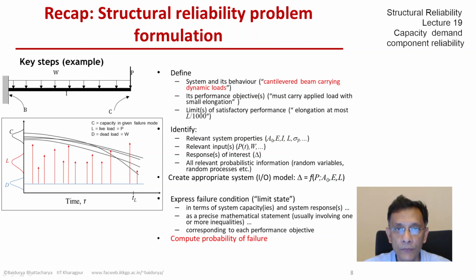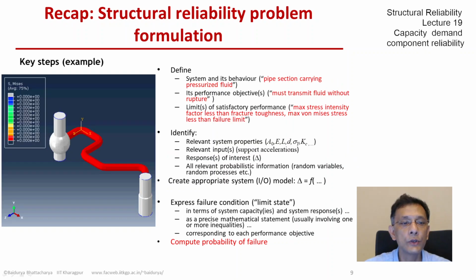So in the next few slides, in the next few lectures, we are going to focus on computing the probability of failure once we have been able to identify the limit state and have gathered all the necessary probabilistic information. We could look at more and more complex problems, but the essential feature remains the same.